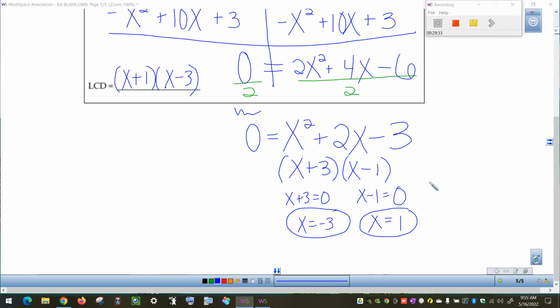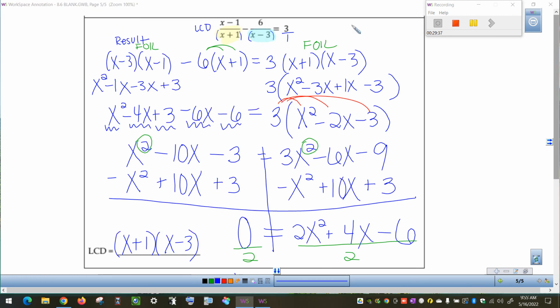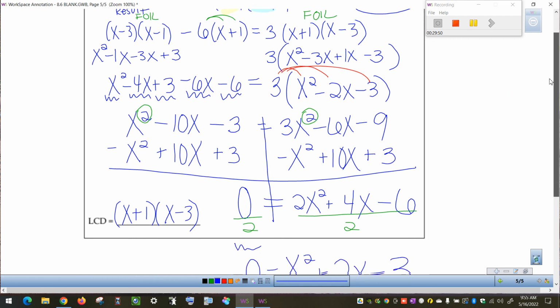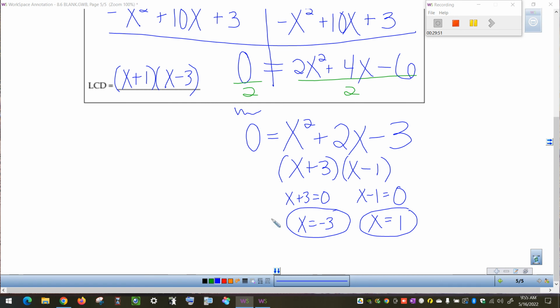So if we go back up to our original problem and look at our denominators here, notice that our restrictions are that x cannot be negative 1 or positive 3. So it's perfectly fine for us to have positive 1 and negative 3. So both of these answers are perfectly okay.